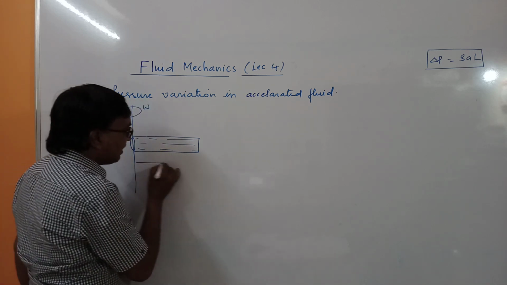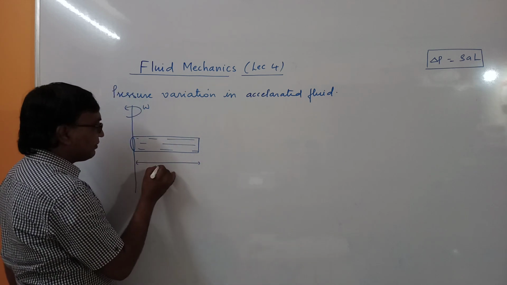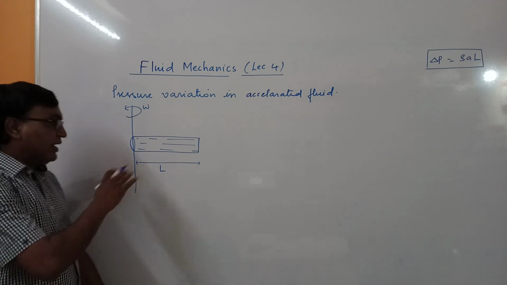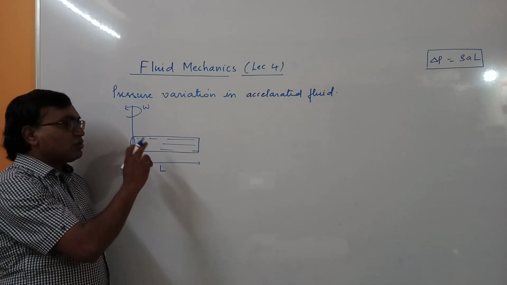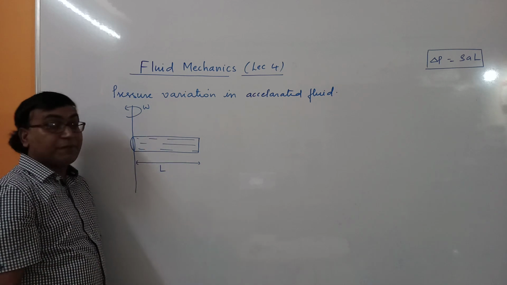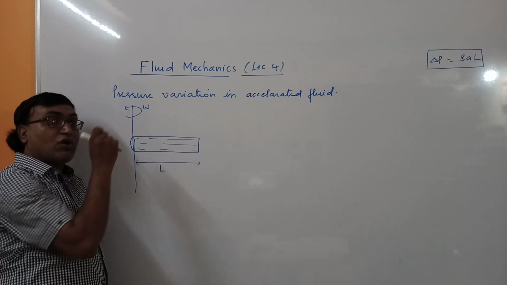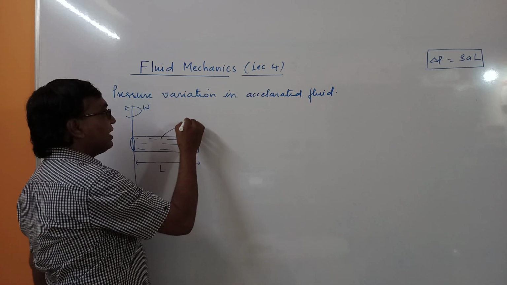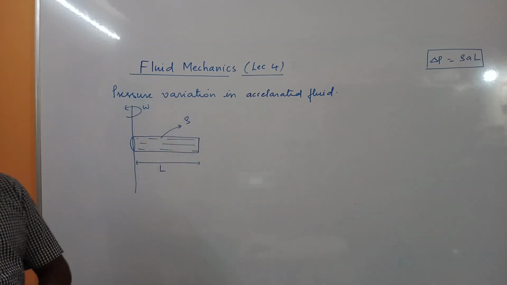Let us assume the length of the tube to be L. Now we have to find out the pressure difference. This is also an accelerated fluid, it is rotating, so there will be centripetal acceleration. We are rotating with a constant angular velocity. Let us assume the density of the fluid to be rho.